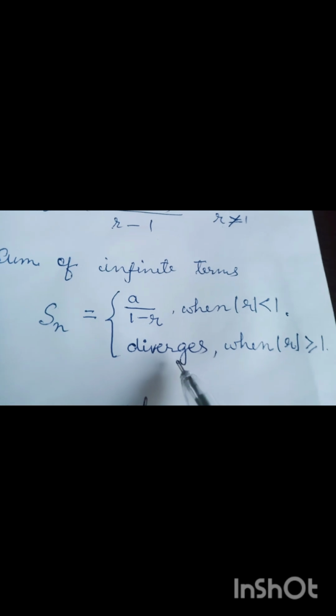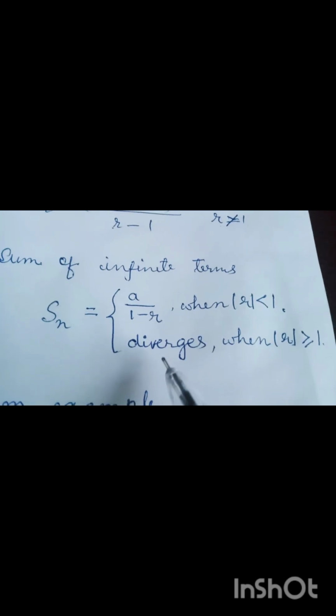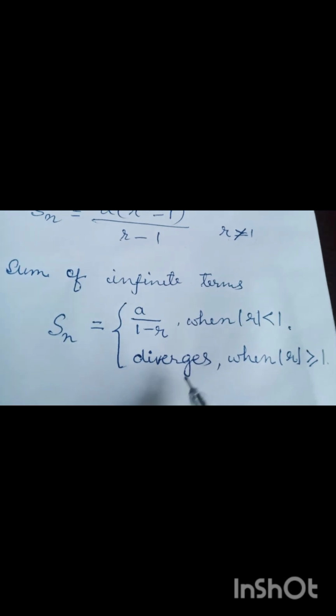That means the value will be very large or it won't converge. It may be infinite. When 1 minus r is equal to 0, any value divided by 0 is not defined, so it will diverge. Therefore, this formula holds only when the value of the common ratio is less than 1.